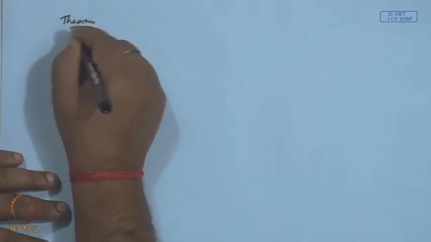Now, if the limit does not exist, then there will be a point of discontinuity, and how many such points are there? This can be shown by the following theorem.